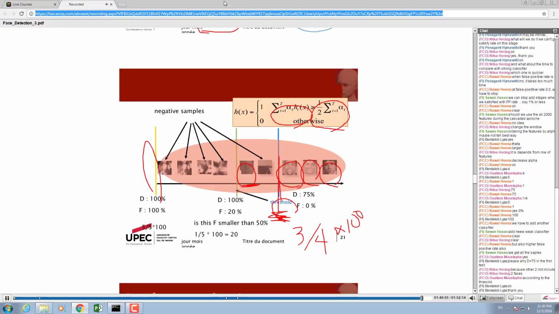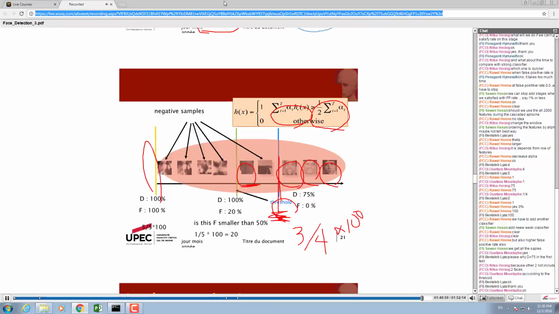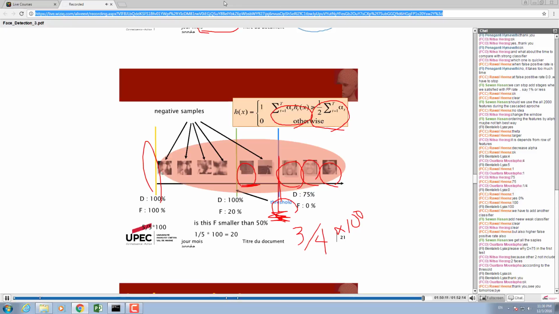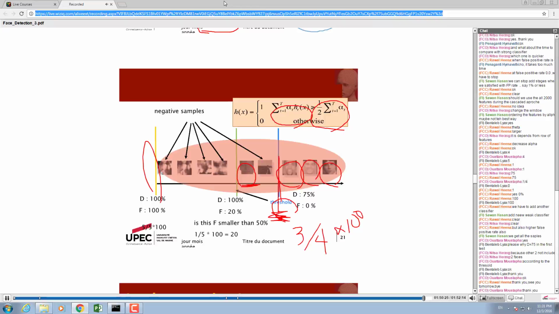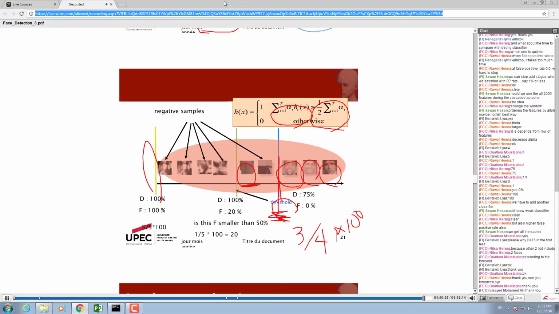In this way, we can construct a cascade structure. If you have seen the OpenCV face detector, it has one XML file that includes this cascaded structure, so you can use it for face detection. We'll finish this tomorrow and move to the next topic.